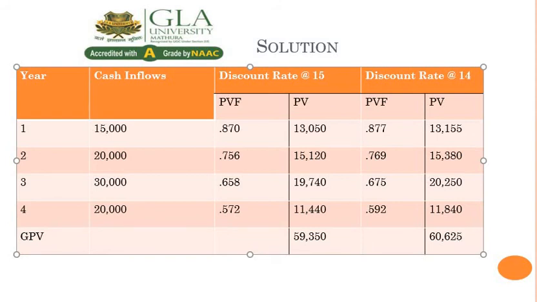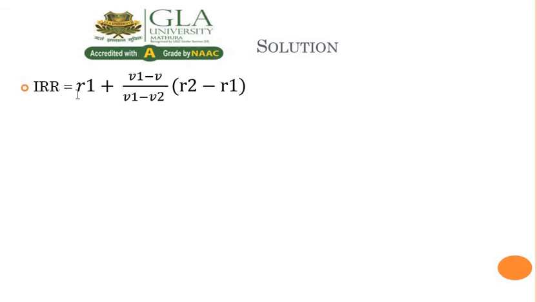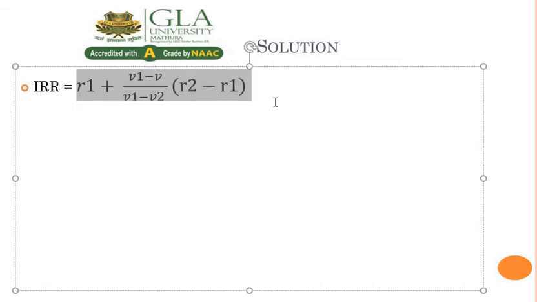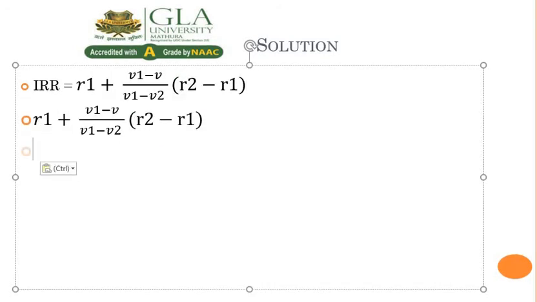Now we have one positive value and one negative value, so we put them in the formula we discussed in the previous slides: IRR equals R1 plus V1 minus V, upon V1 minus V2, into the bracket R2 minus R1. R1 is 14%.